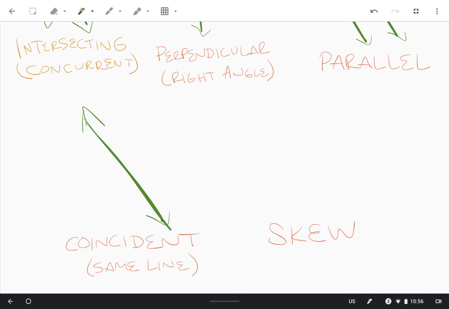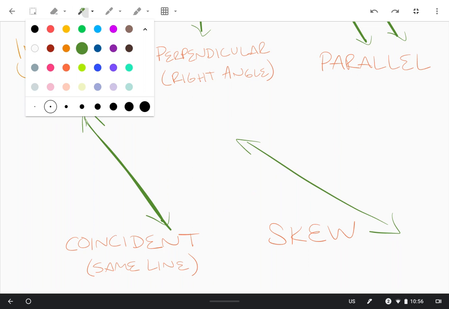I think the best way to understand this is, imagine you have a road, and then you have another road going across, and there's an overpass, right? And that overpass exists on a separate plane above the other road. Let me actually do this in a different color, and maybe it'll help visualize this.